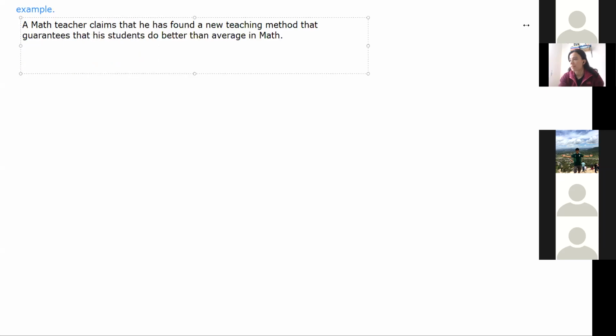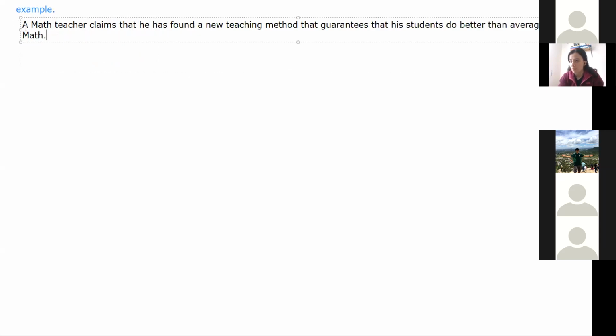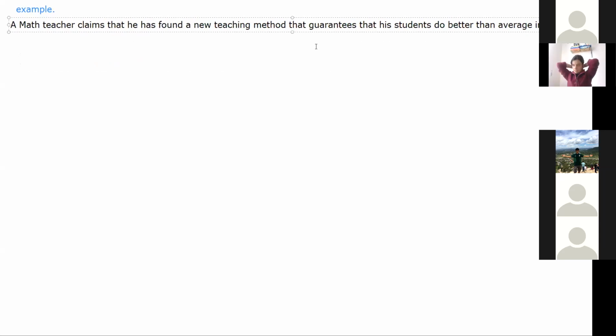Okay, so there's a math teacher and he has found the magical elixir that makes students automatically better at math. He has this new technique, it makes his students better.